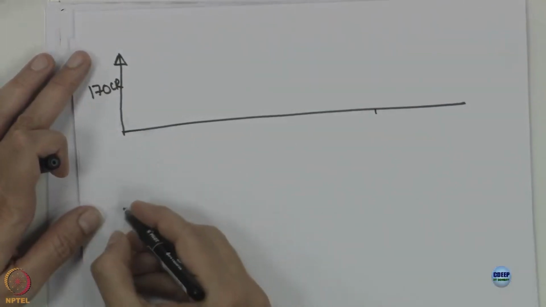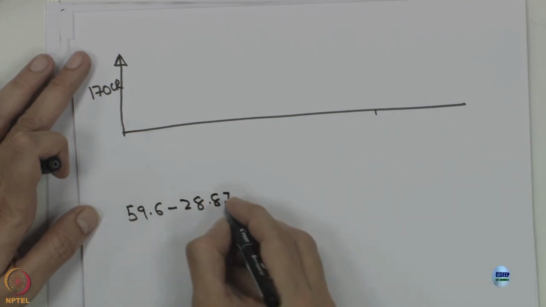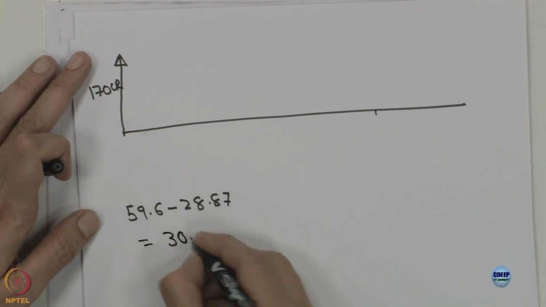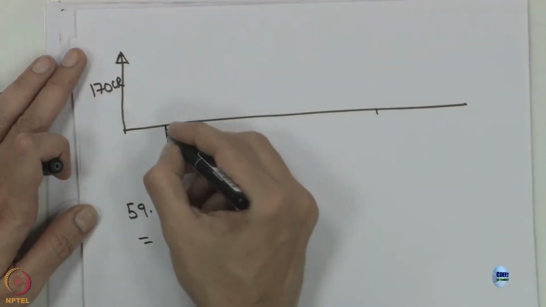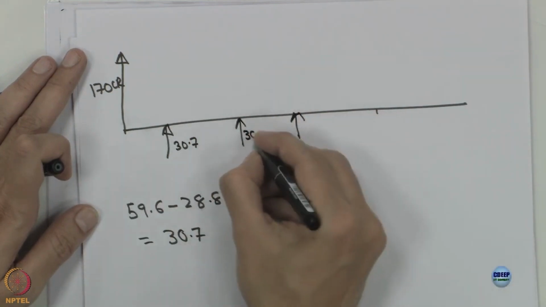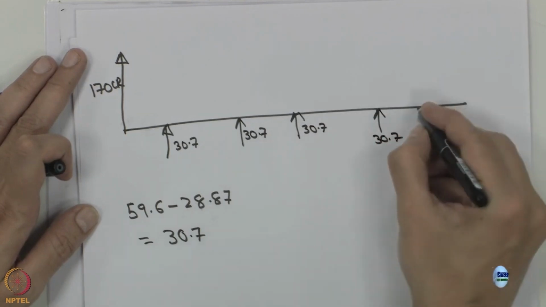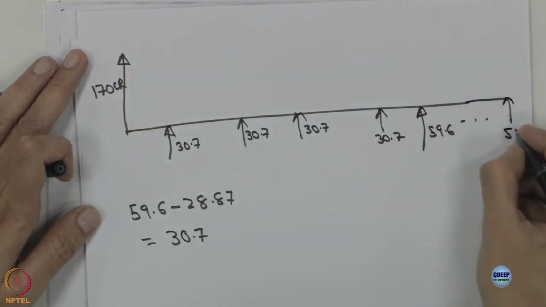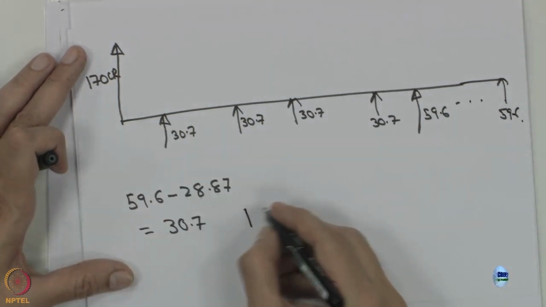Now we have to repay the loan from that annual revenue of 59.6, so we do 59.6 minus 28.87, and this comes out to be approximately 30.7. So each year, for the first 10 years, we are getting 30.7, and then from the 11th year onwards we are getting 59.6 till 25 years.